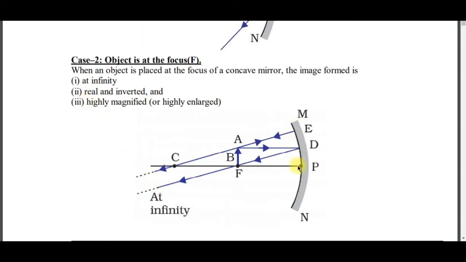Why is it real? Because it is formed in front of this mirror, isn't it? यहाँ पे मतलब इन्फिनिटी पे ही फॉर्म हो रहा है, but it is infinity in front of the mirror, not behind the mirror. So the image is highly magnified because it is being formed at infinity. We don't know where it will be formed, and it will be very big. We cannot even imagine how big it will be.